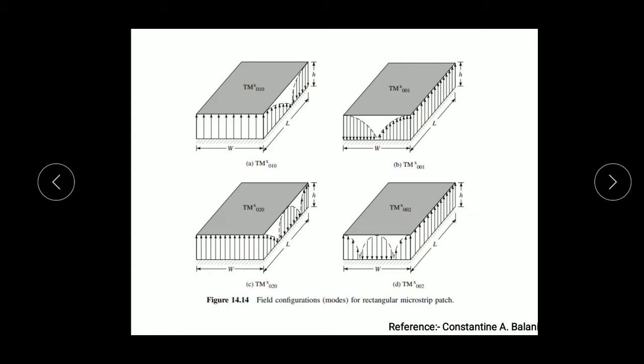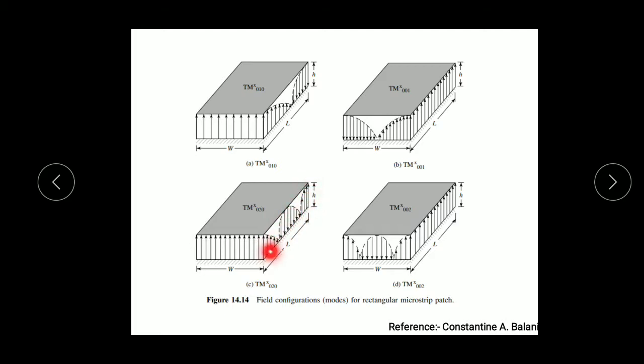Next is TM020. In the L direction, this is lambda by 4, this is lambda by 2, and this is lambda by 4.